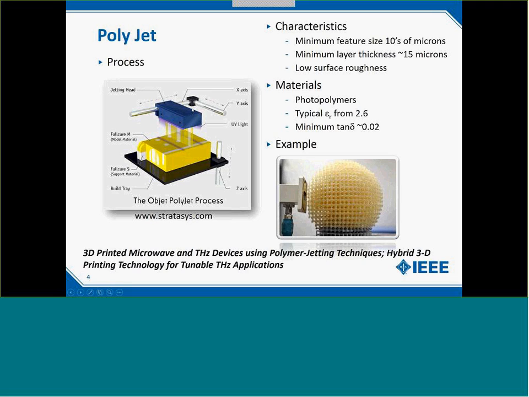So the diagram illustrates there's a jetting head that will spray either a structural polymer or a support material, because this is essentially coming out as a liquid, so it can't build freeform structures. And then material is sprayed in layers on the order of tens of microns to 100 microns, and they're cured using UV light.